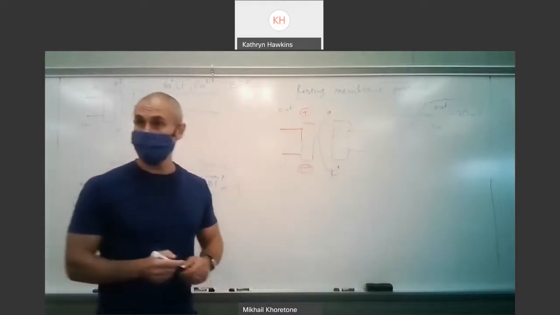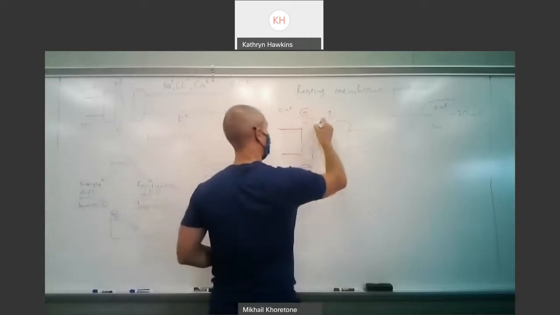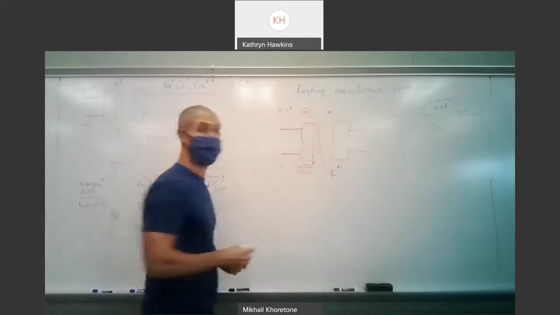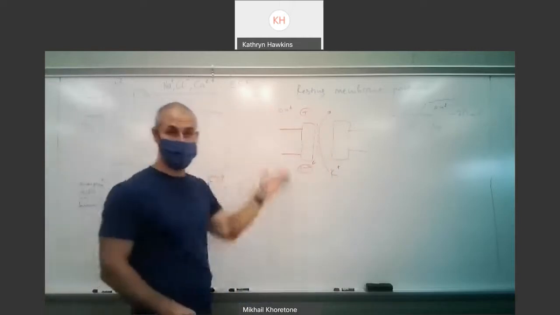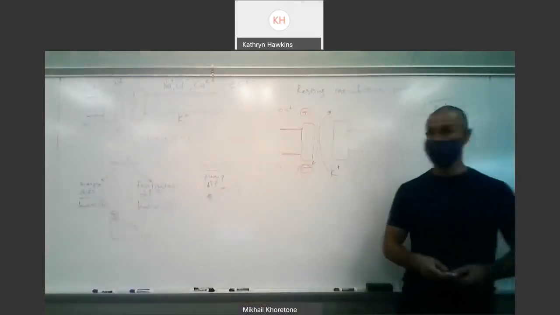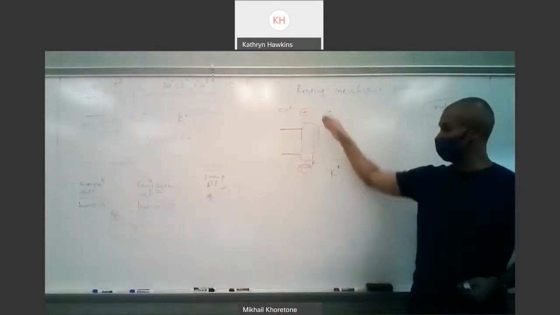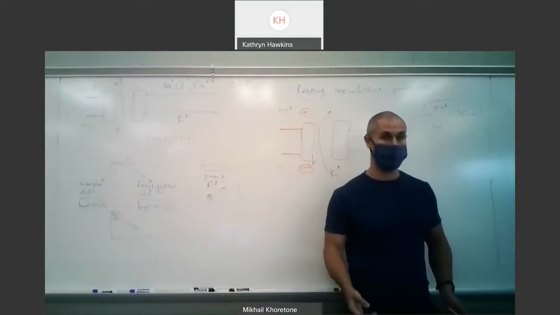So eventually, potassium will start flowing back into the cell because of the electrical attraction. Does that make sense? So it gets out of the cell due to chemical diffusion, but then it starts to flow back into the cell due to the electrical attraction.